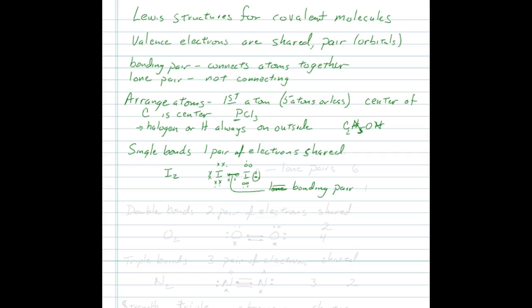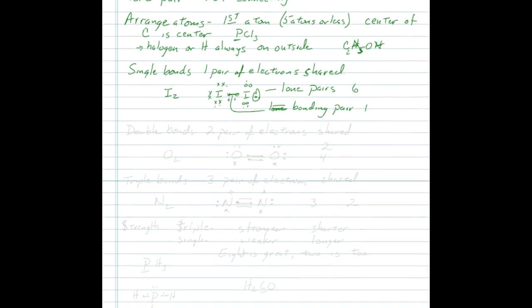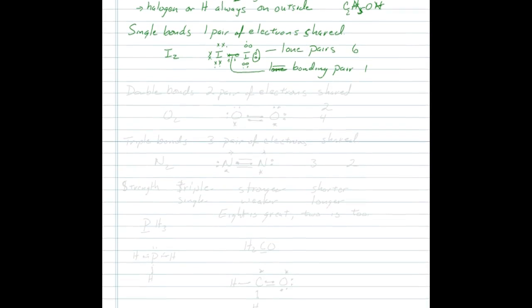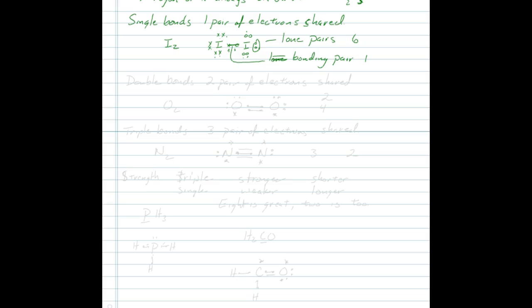And any of these on the outside are the lone pairs. So this would have 1 bonding pair and 6 lone pairs. 3 on the first iodine, 3 on the second iodine. Then you have double bonds.